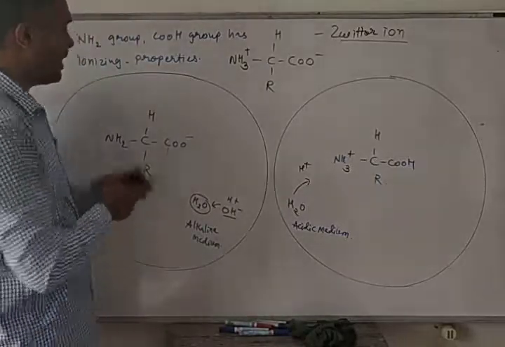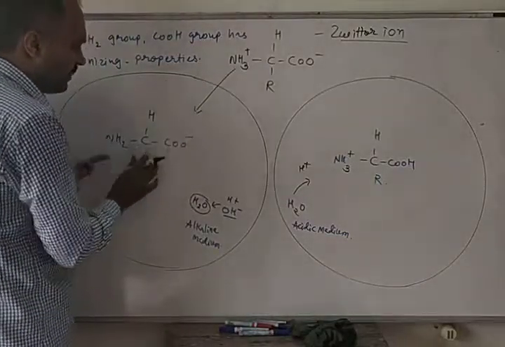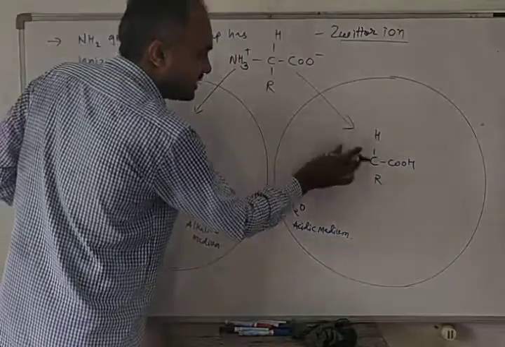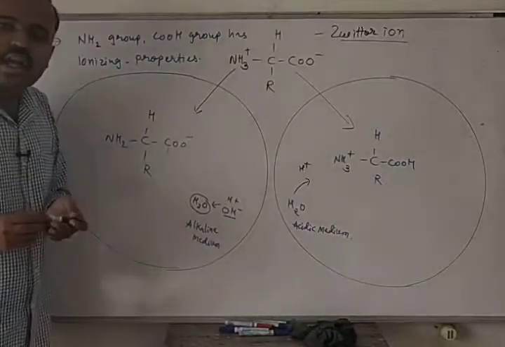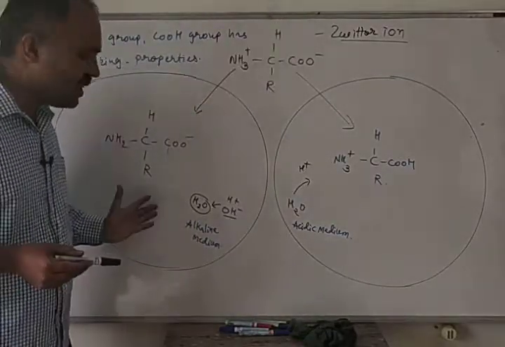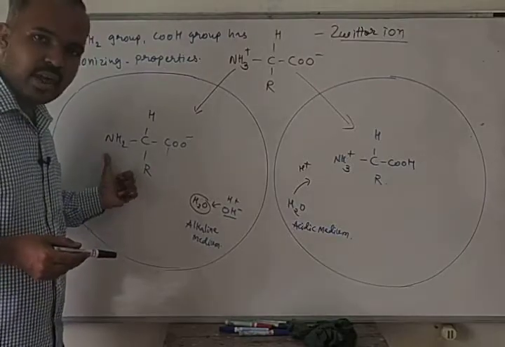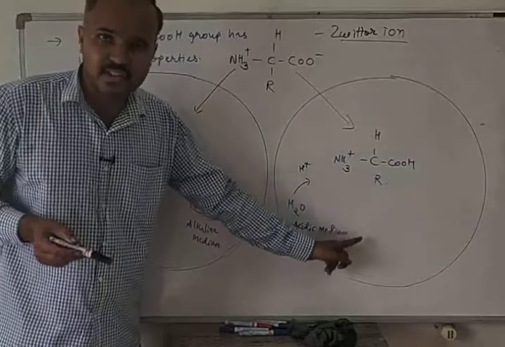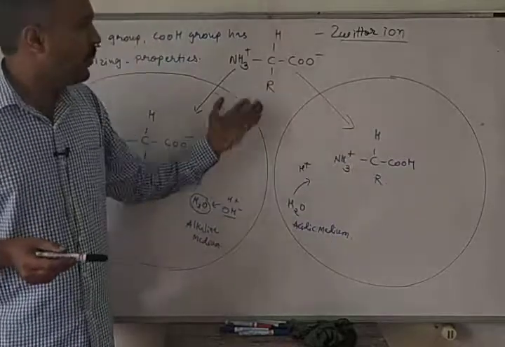Zwitter ion will work like this in the alkaline medium, and Zwitter ion will work like this in the acidic medium. So these are the properties of Zwitter ion.